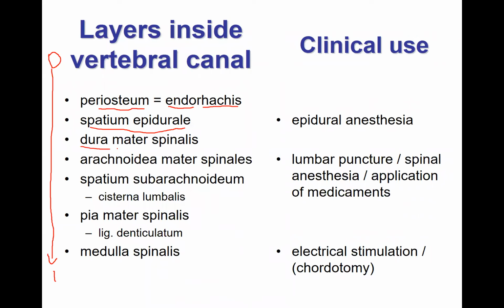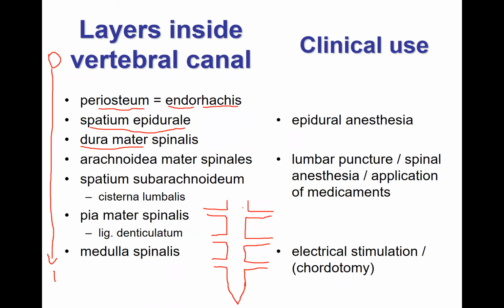Then we have, of course, the dura mater. The dura mater looks like this. It's a sac sending at each level a sleeve outside, and on the other side like this. And I will terminate it here at the very end.